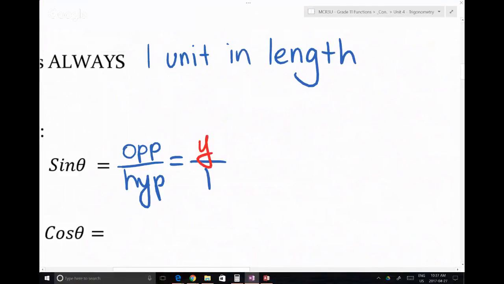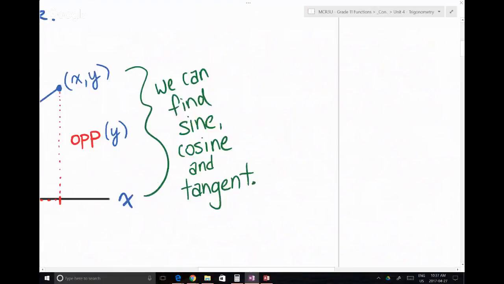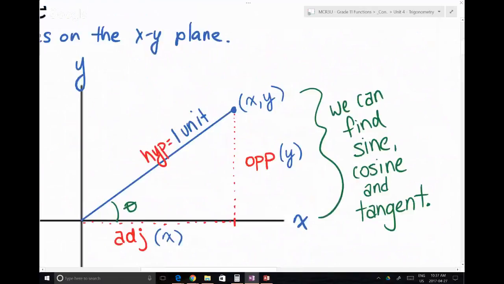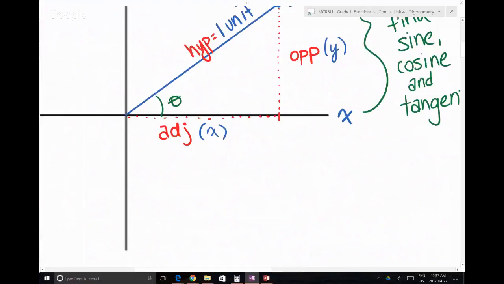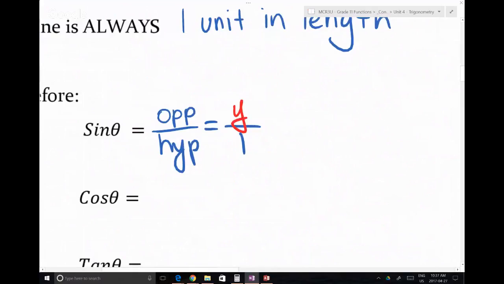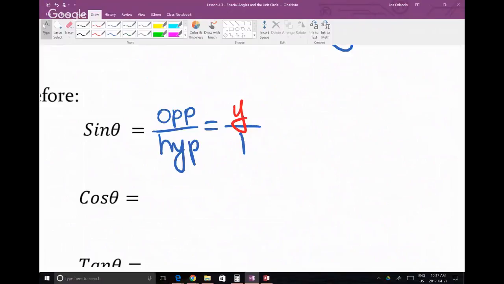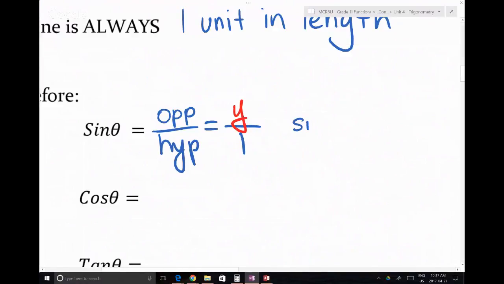And the opposite will always just be that y value. However high up on the y-axis this angle ends up making that line, that'll be how long the opposite is. So the sine of the angle ends up being just y. Sine theta ends up equaling the y value of the point where that line lands.